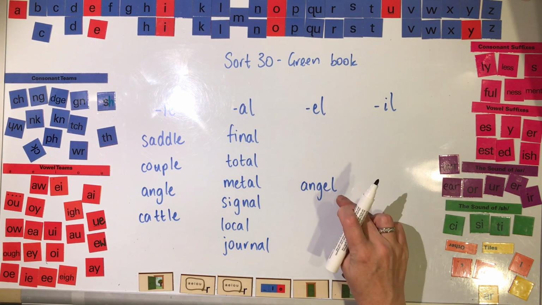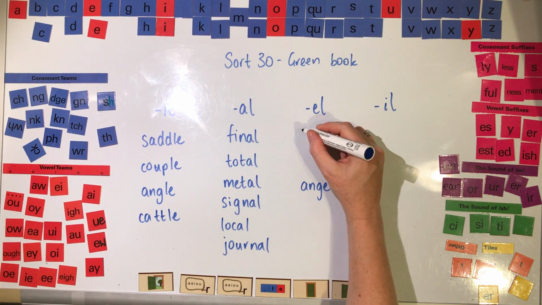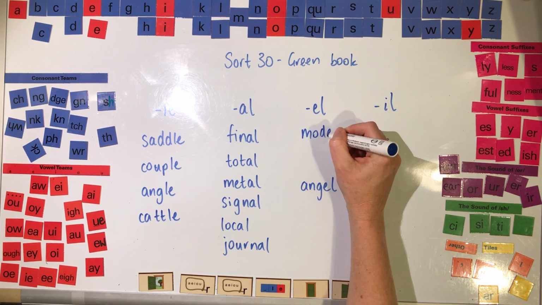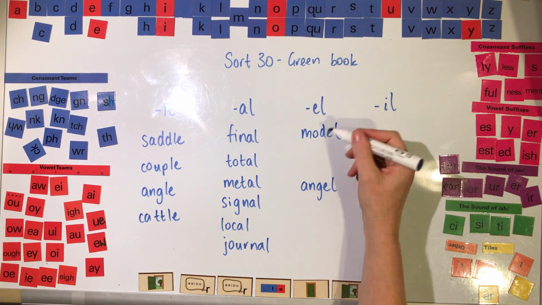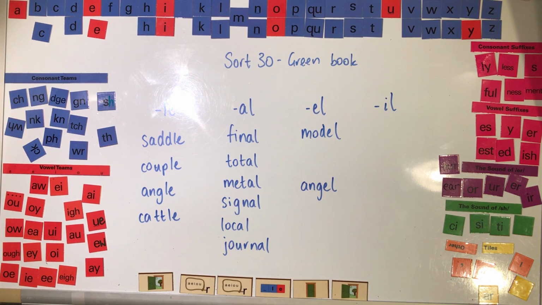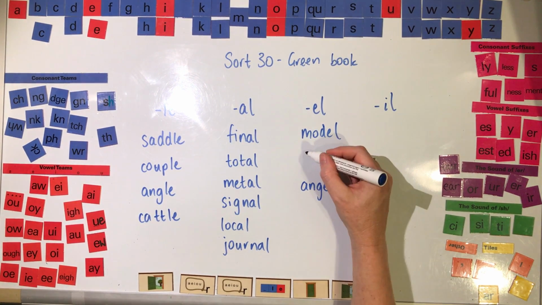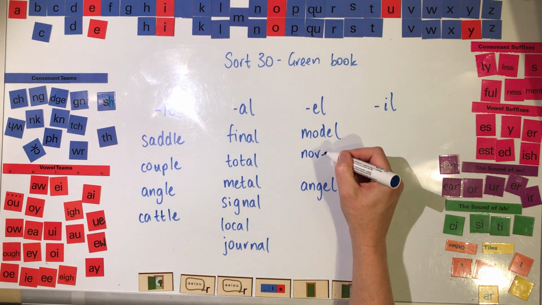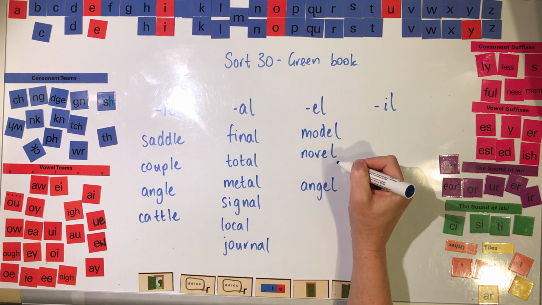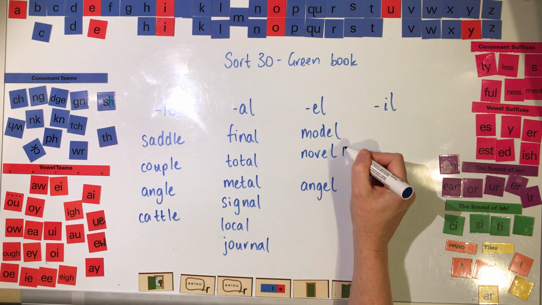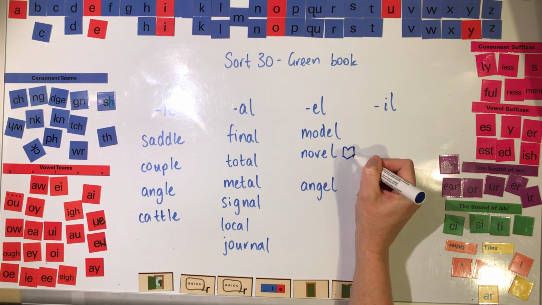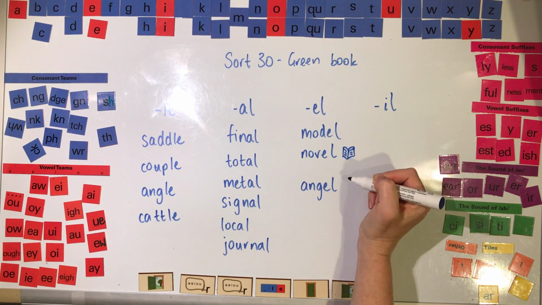So there's a few more EL words we can look at. Model, that can be a model aeroplane, or it can be a model like a person who is a model. We've got angel here. We've got another word that can have a double meaning, novel. Now novel can mean a book.